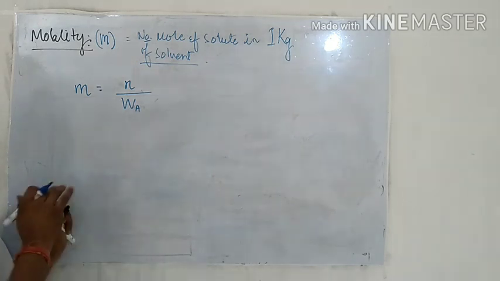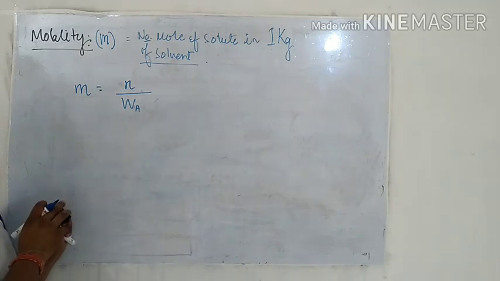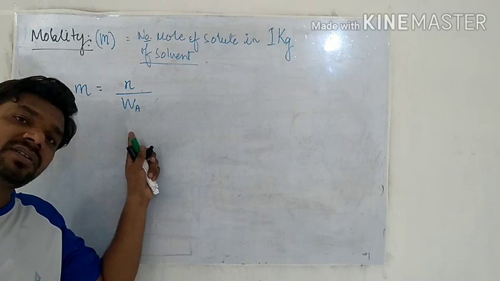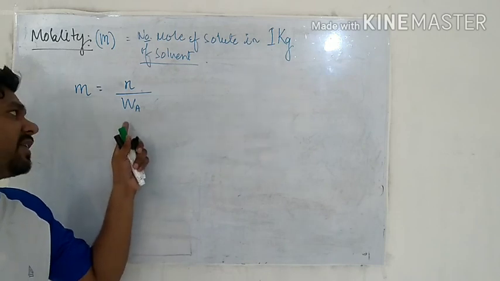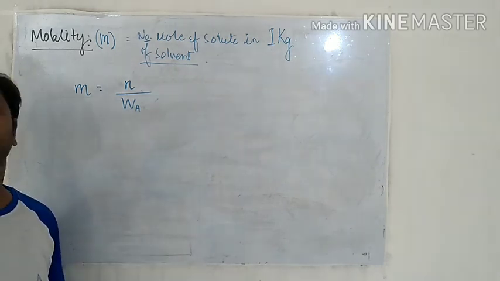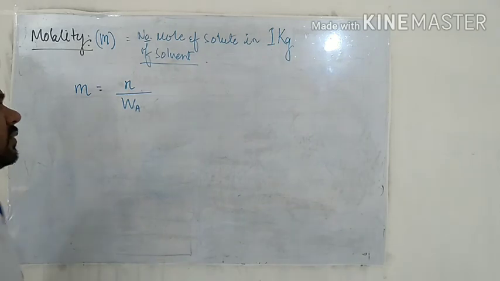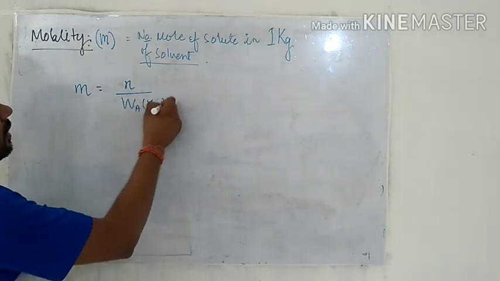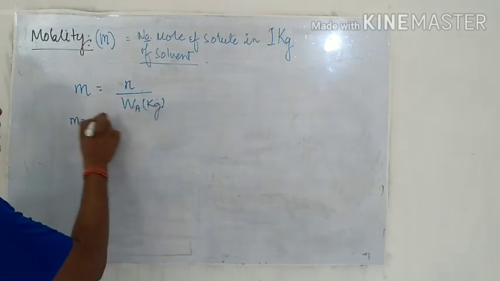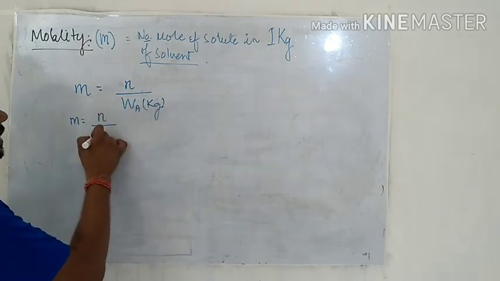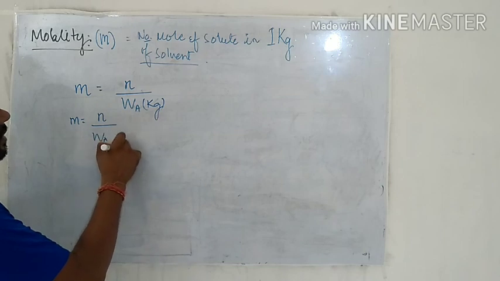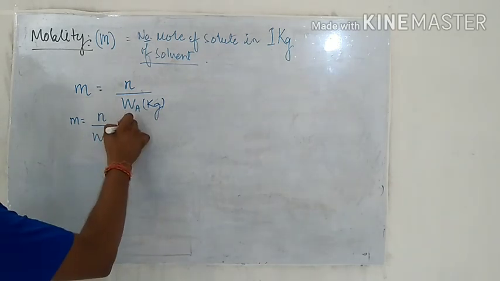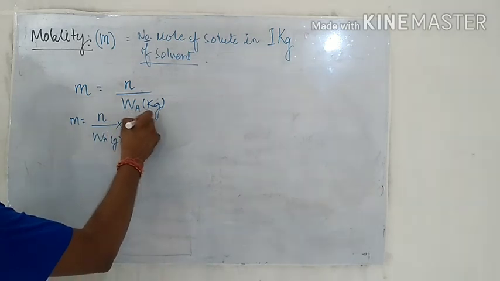So wherever any letter has suffix A, it is from the solvent portion, and where it has letter B, it is from the solute portion. So WA means weight of solvent, that is in kilogram. If it is not given in kilogram but in gram, in that case WA in gram divided by 1000, so 1000 will come over here as multiplication.